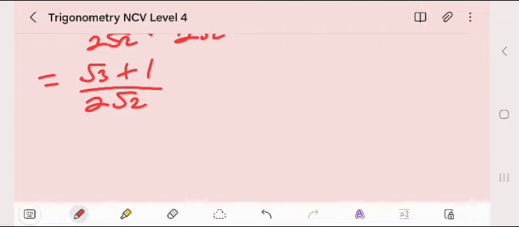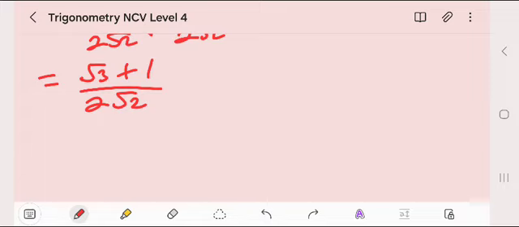However, on the denominator you are not allowed to have surds, the square roots like that. Suppose you have something like this, you either multiply by the conjugate or multiply by itself as it is.